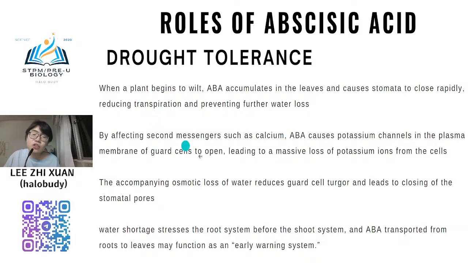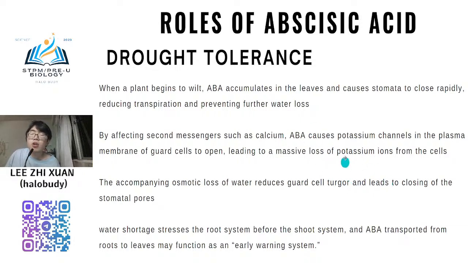The simple mechanism is that it affects the second messenger. ABA causes the potassium channels in the guard cells to open, so there is a loss of potassium ions, and the osmotic loss of water reduces the guard cell turgor and leads to closing of the stomata.